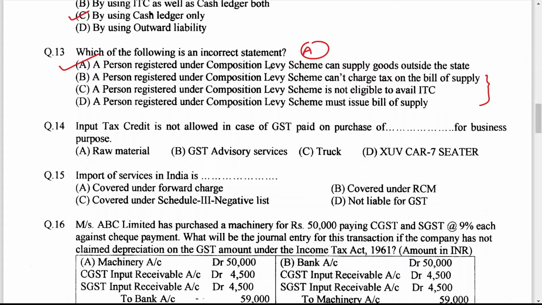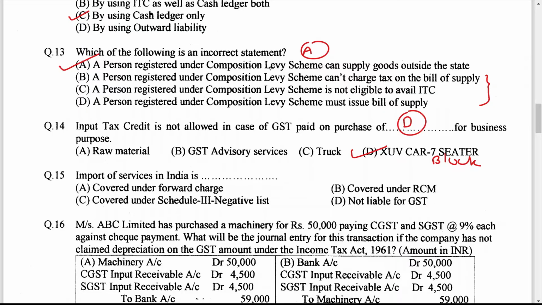But here XUV car 7-seater as sitting capacity is less than 14, that means in that case it is disallowed, credit is blocked here. So that is why ITC is not available in case of purchase of XUV car 7-seater. So D is the answer for this question.